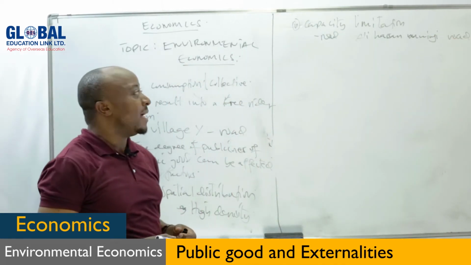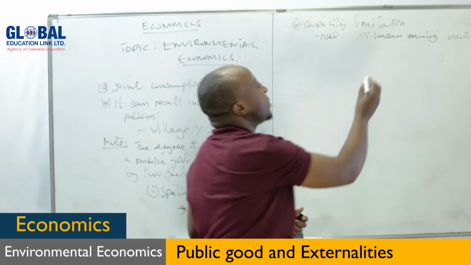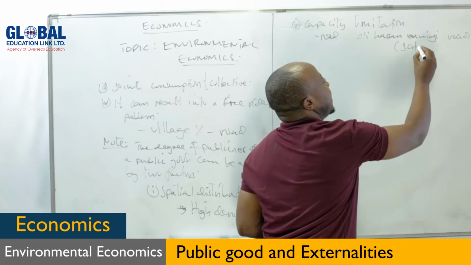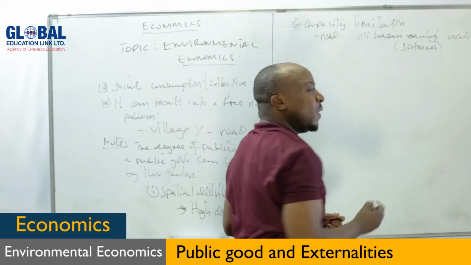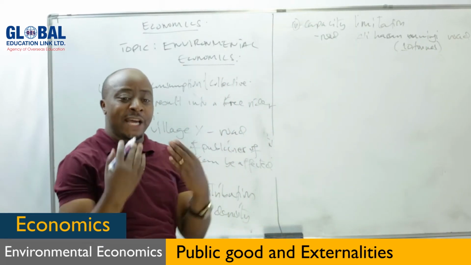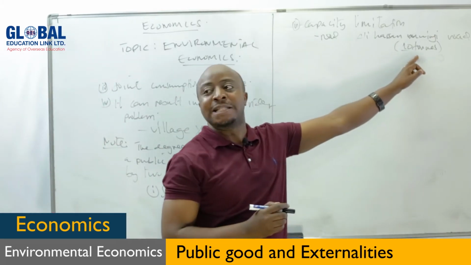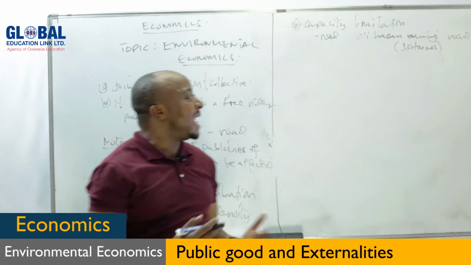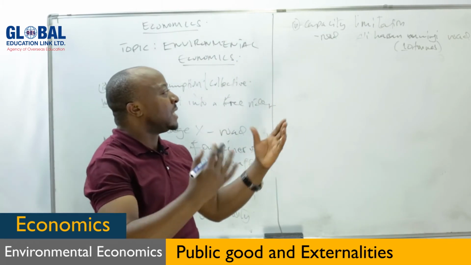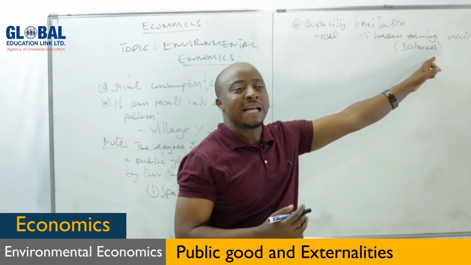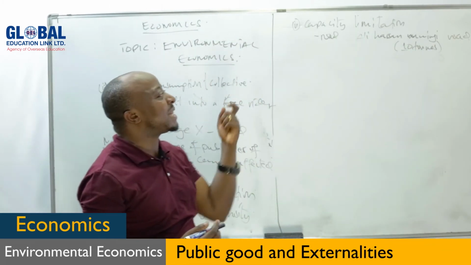Ali Hassan Mwinyi Road. Let's say the carrying capacity is only, that's an example, 10 tons. It means only cars and other vehicles which are less than 10 tons can pass there. Any vehicle, either lorries or whatever, which goes beyond 10 tons will be excluded from using that road.